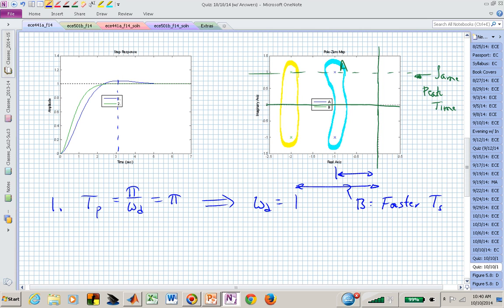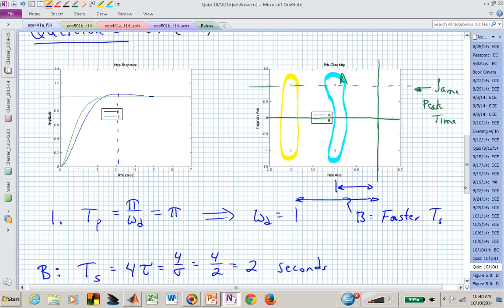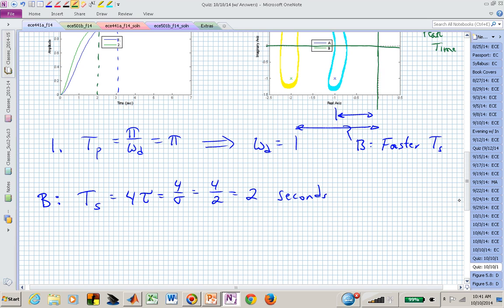If we look at the settling time for, let's say, pole pattern B, time to settle is now 4 tau, which is 4 over sigma. Sigma for the B poles is actually 2, so we would expect a settling time of about 2 seconds for the B pole. We come over here, and in fact, one of these does look like it's settling at 2, which is response number 2.